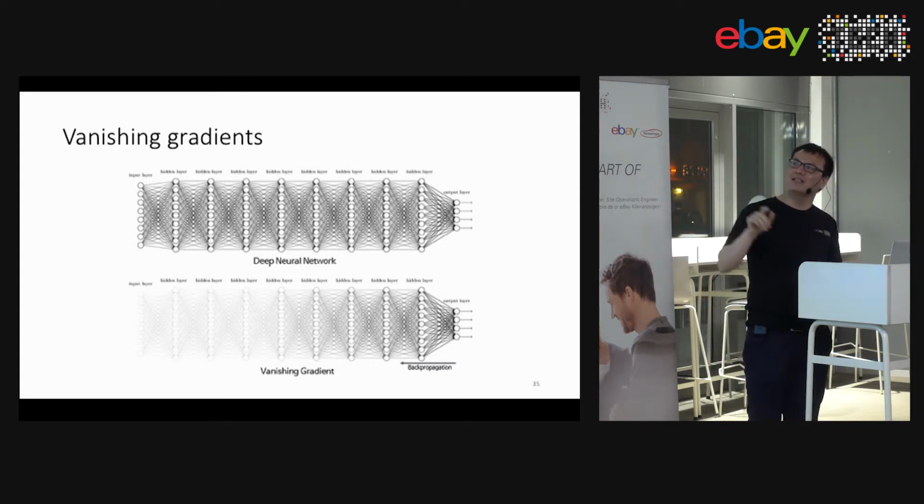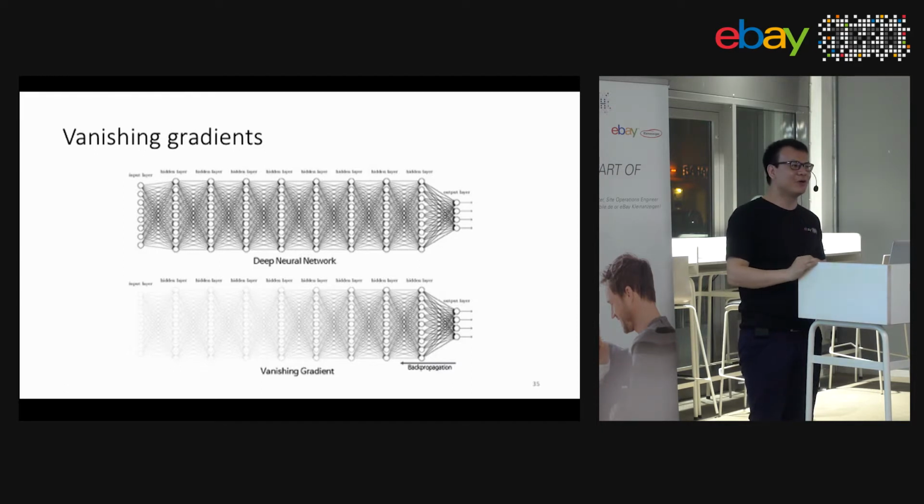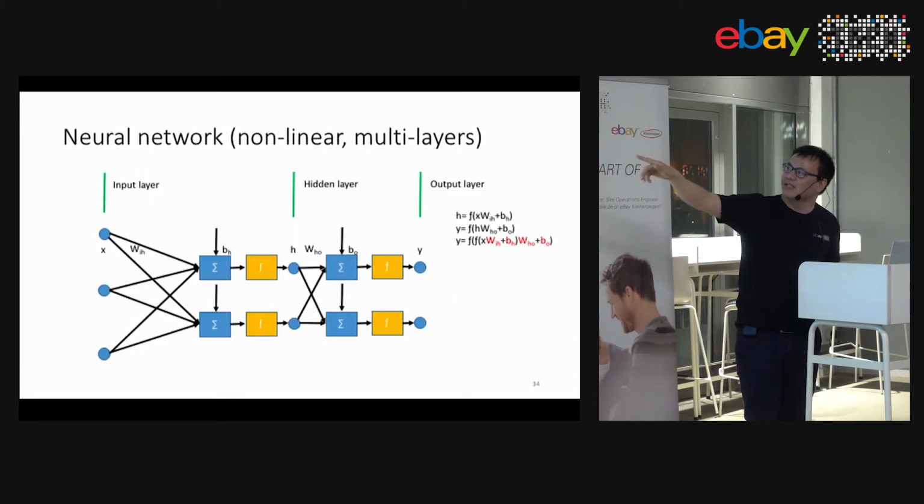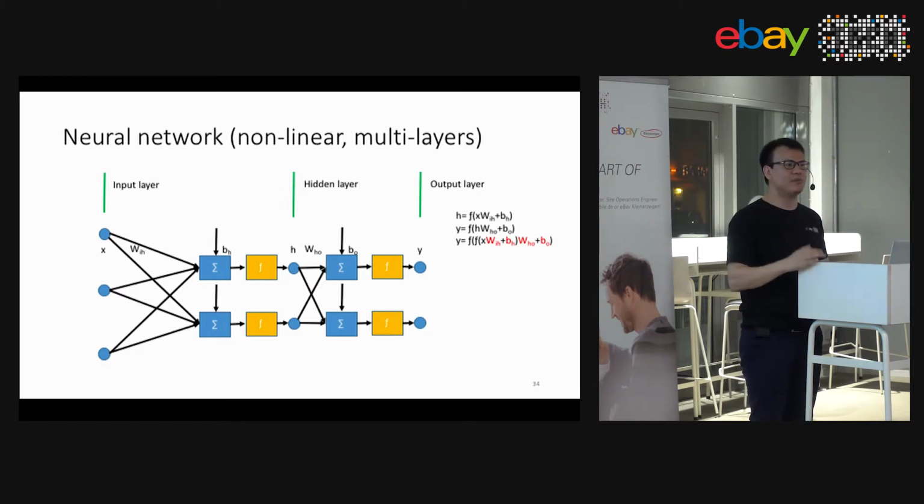So first, what is the gradient? The gradient is the gradient of a loss function with respect to the parameters of my model. In our case, we have all these parameters in red color, W and B. These are model parameters I want to train using training data.